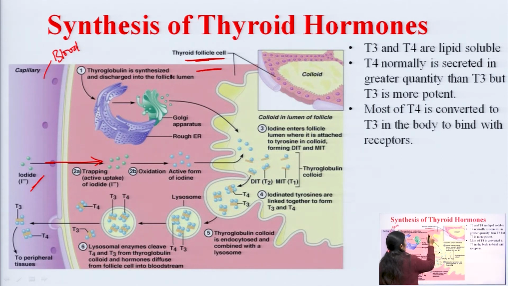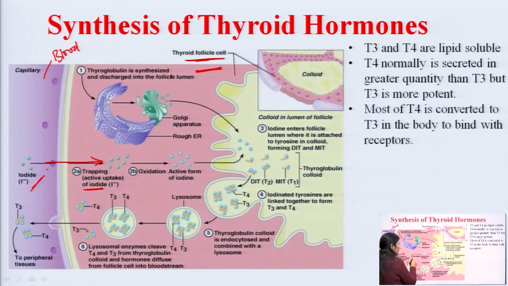This is an enlarged view. So, this is thyroid follicular cells. First step is iodide trapping. So, iodide enters from the blood into the cytosol of thyroid follicles. So, this is the trapping, that is active uptake of iodide.